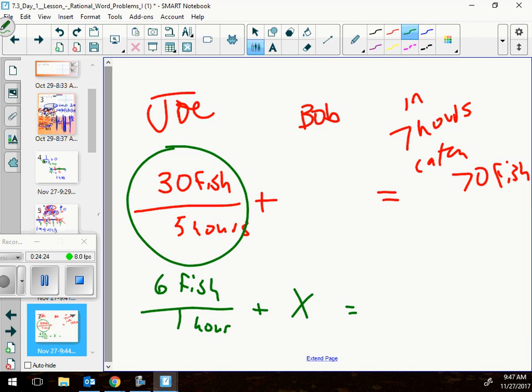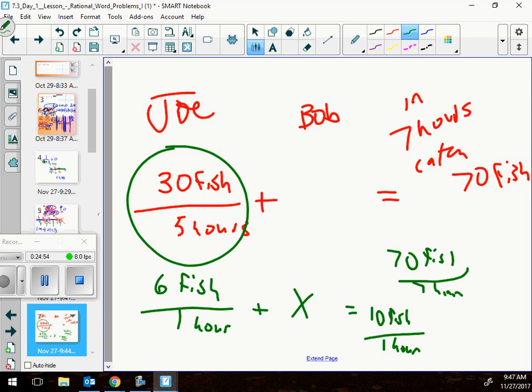Makes the numbers a lot nicer. 6 plus blank equals, well, can we reduce 7 hours and 70 fish to what kind of a rate? 70 fish per 7 hours, so therefore 10 fish per 1 hour. Once you got it written this way, doesn't it look pretty easy?